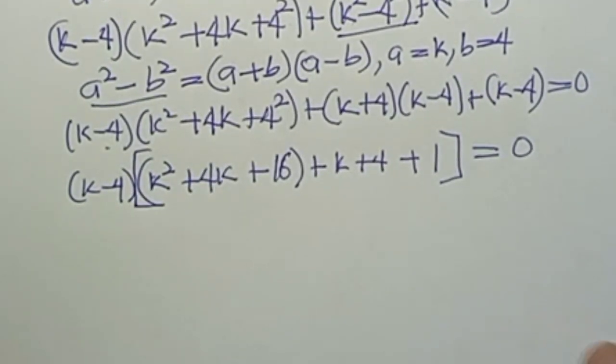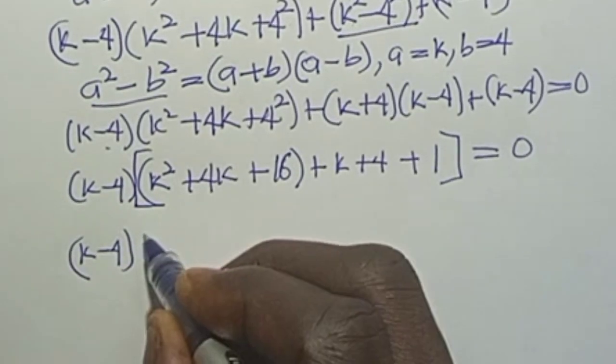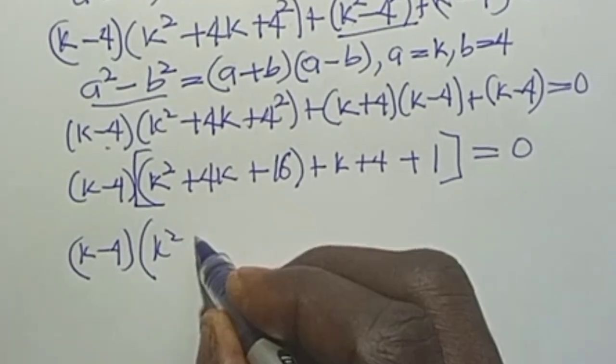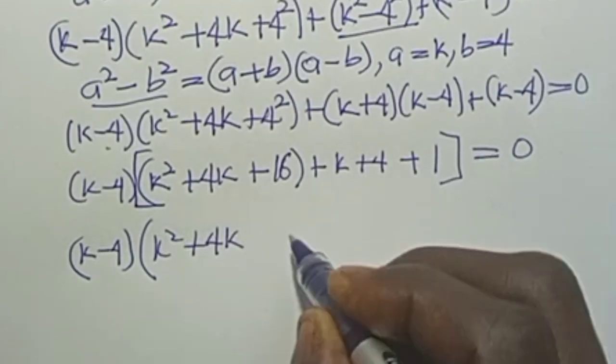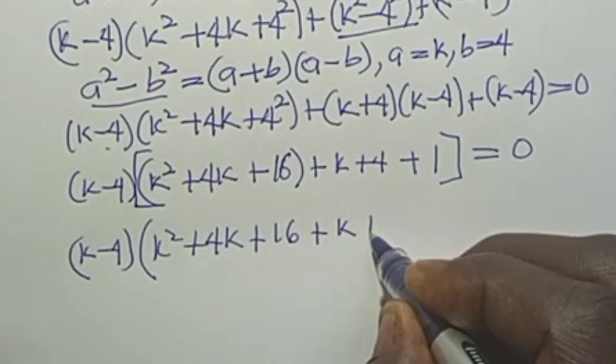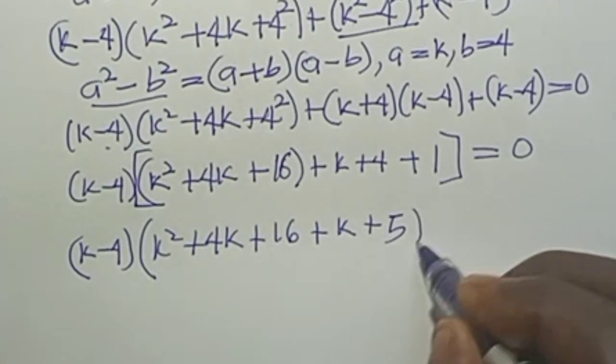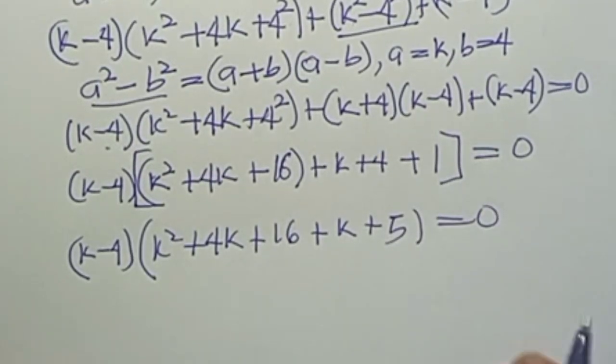So we're going to simplify further as k minus 4 in a bracket, here k squared plus 4k plus 16 plus k plus 5, 4 plus 1 is equal to 5, all equal to 0.